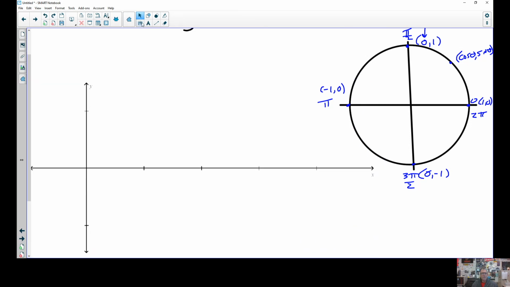So now, looking at this again, we're going to use this as our theta. This is going to be our cosine theta, right? So with cosine theta, where does it start? At 0, it's a value of 1. So it starts up here instead of at the origin like our sine did, right? Now we go to 0.